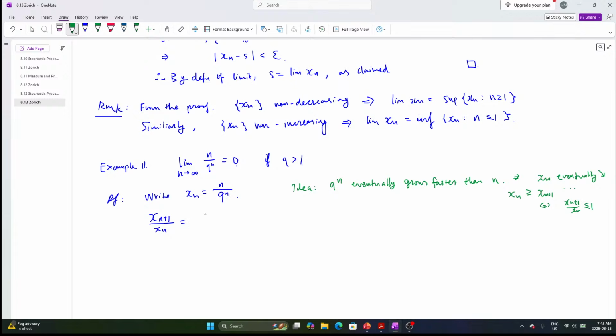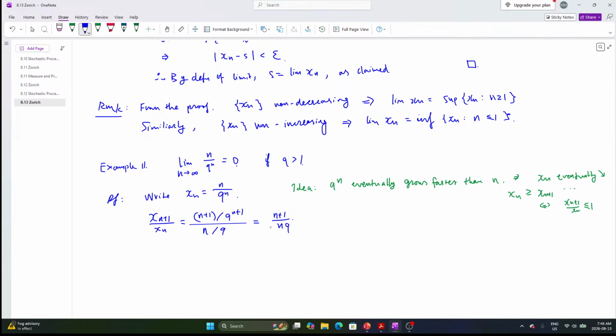That's our goal, so let's just calculate the ratio. x_{n+1} is (n+1) over q to the n+1, over x_n, which is n over q to the n. This simplifies to (n+1) over n, times 1 over q.